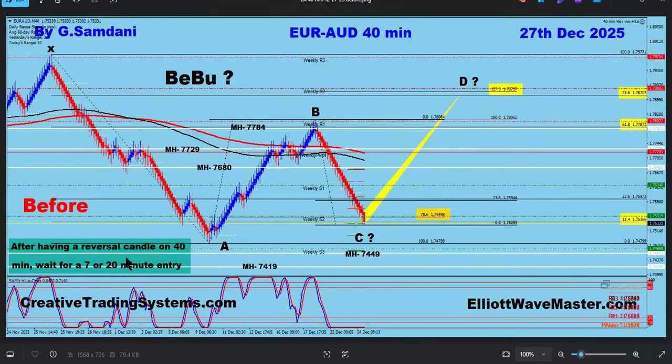This is step by step. Wait until you get the reversal candle, then wait until you get a proper 7-minute entry. Only then you open the trade. You're never going to lose. It's almost guaranteed. You follow the rule, you will end up positive. You might have your SL hit 4 or 5 times a day, but maybe 2 or 3 good trades, and that's it.